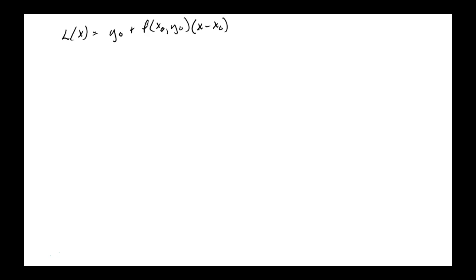The graph of that linearization is a straight line tangent to the graph of y equals y of x at the point x0, y0. And we'll let h be a positive increment on the x-axis. For the first one, what we did up there, we let h be 0.1.